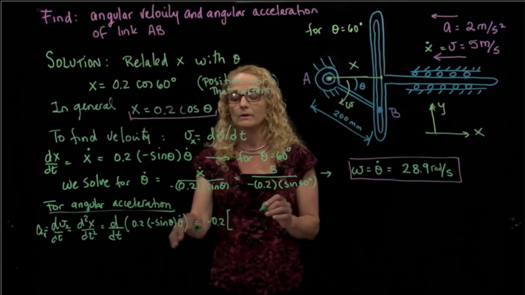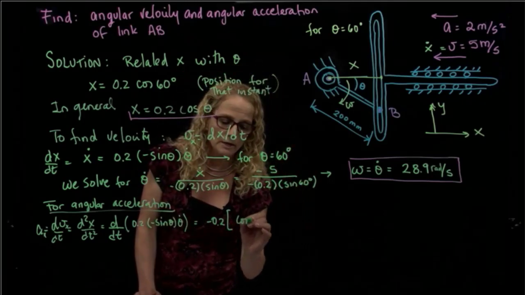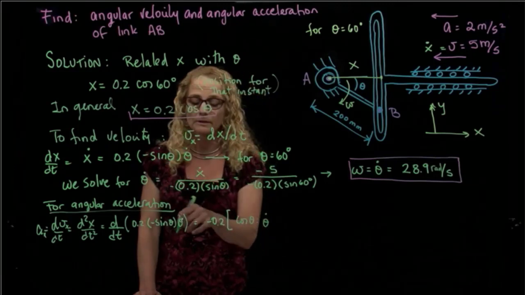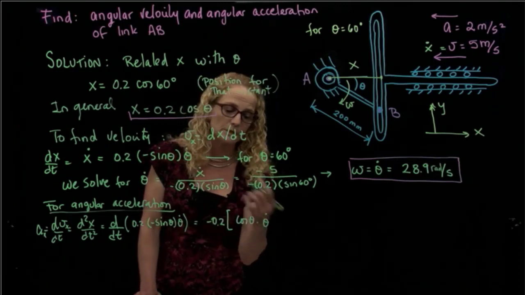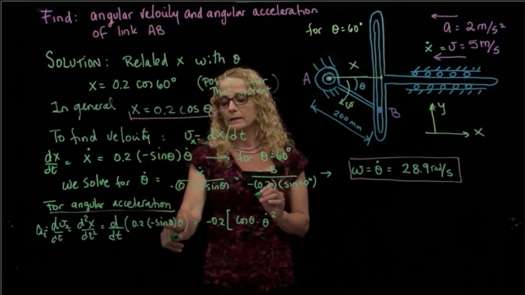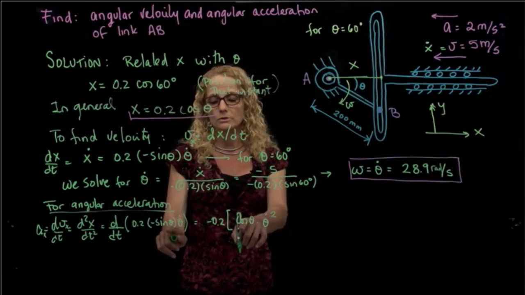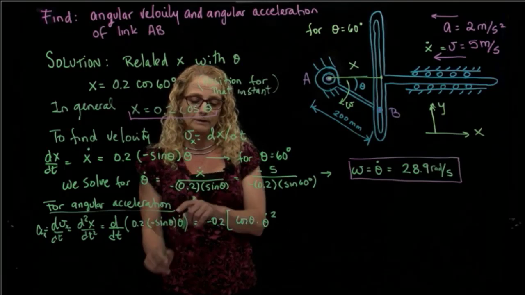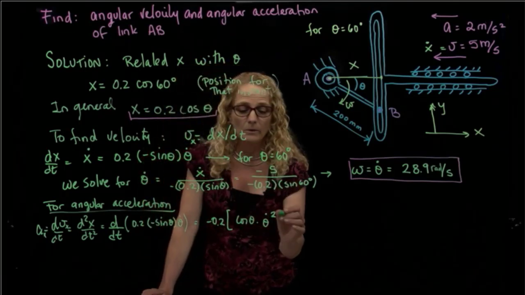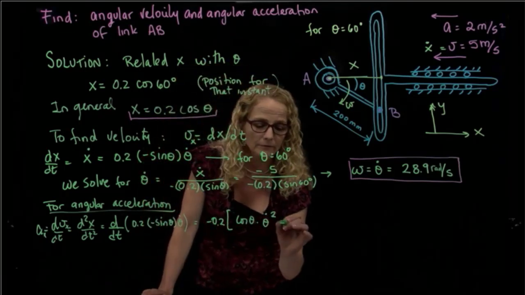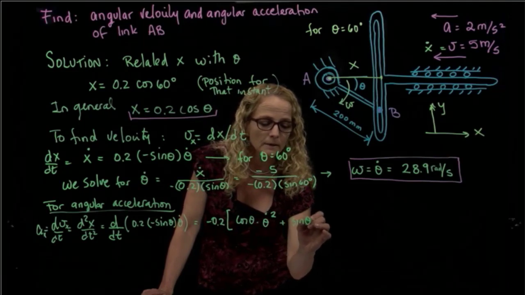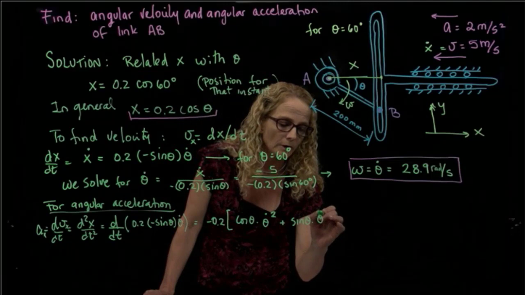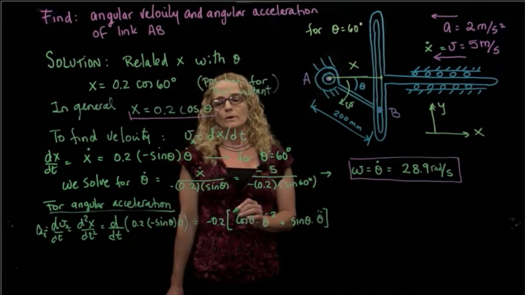It will be the derivative of the first, which is cosine of theta, times the internal derivative, theta dot, times the second, theta dot. So I took the derivative of sine, which is cosine, times the internal derivative theta dot, times that theta dot. Now I have sine theta times the derivative of theta dot, which is theta double dot.